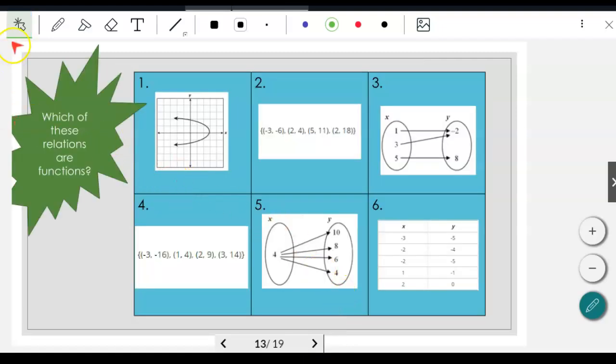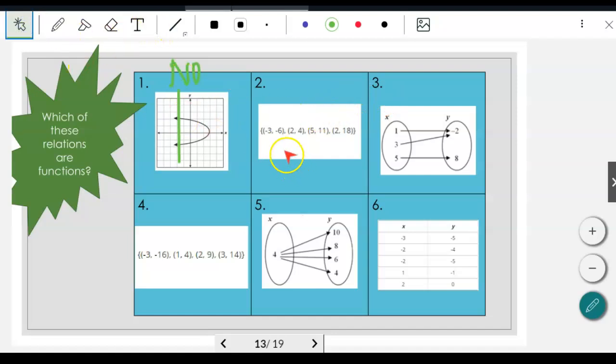So let's try a few. On the graphs, let's just use the vertical line test. And right away, hopefully you see that that has two y values for this x value. So that's not a function. I'll just put no. So let's look at the next one.